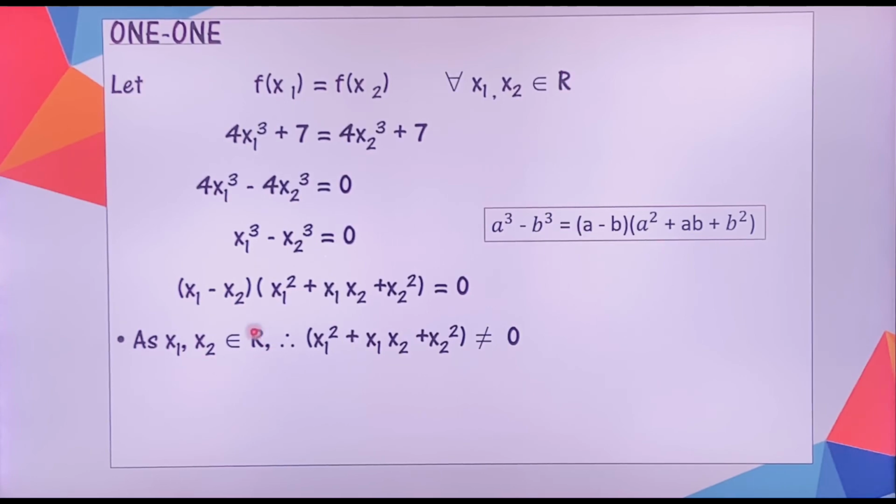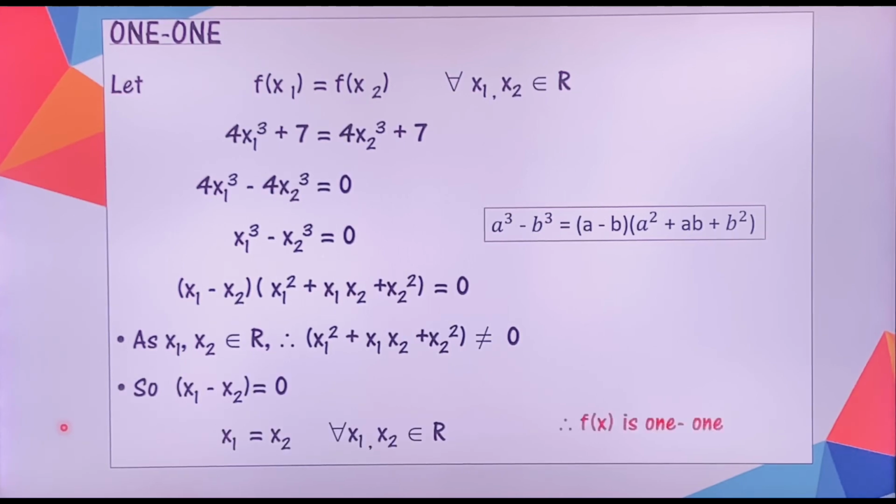Since x1, x2 are real, x1² + x1x2 + x2² is not equal to 0. Therefore, x1 − x2 = 0, which implies x1 = x2 for every x1, x2 element of R. Therefore, f(x) is 1-1.